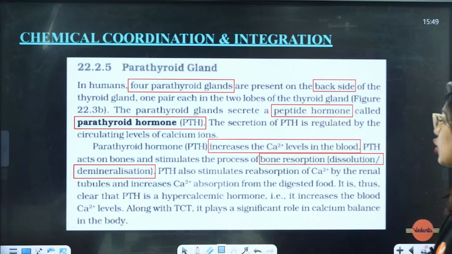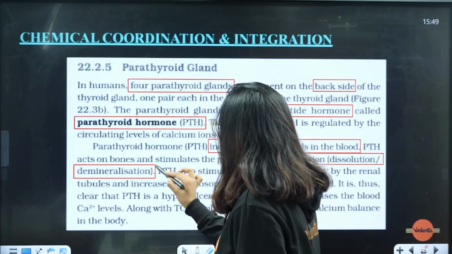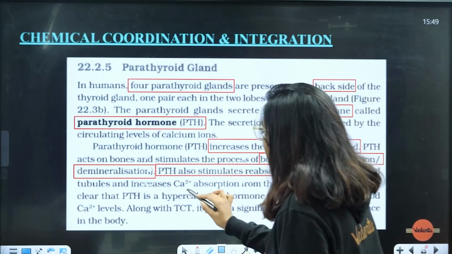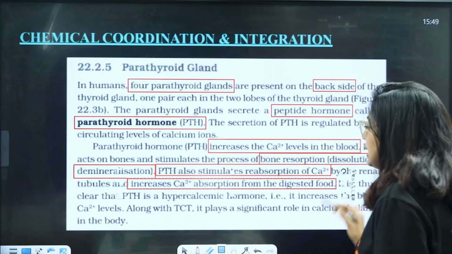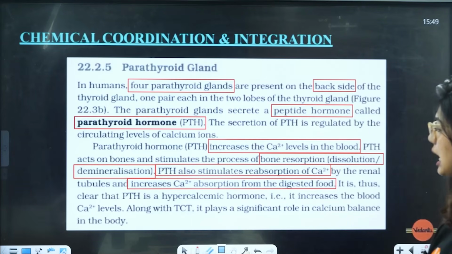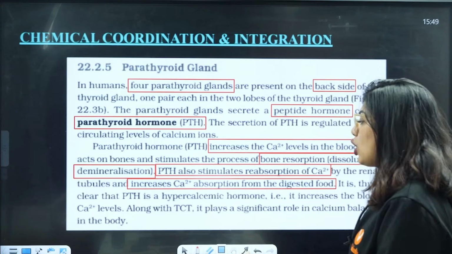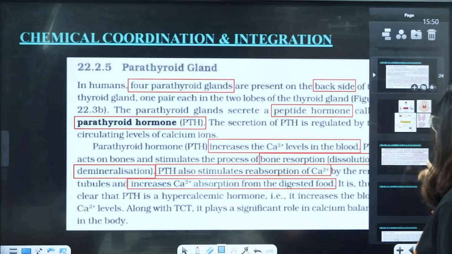PTH also stimulates reabsorption of calcium by the renal tubules and increases calcium absorption from the digested food. It is thus clear that PTH is a hypercalcemic hormone, that is, it increases the blood calcium level. Along with TCT, it plays a significant role in balancing the calcium.